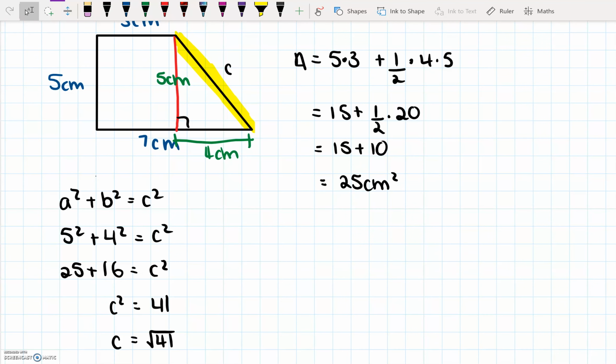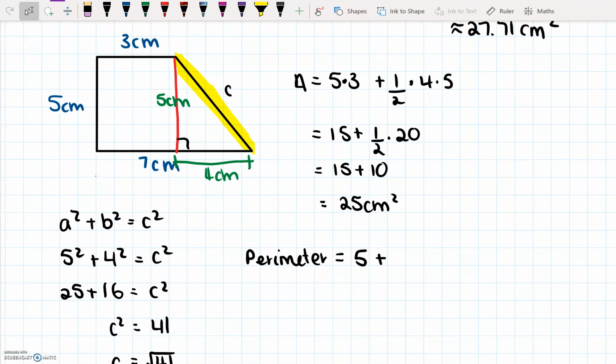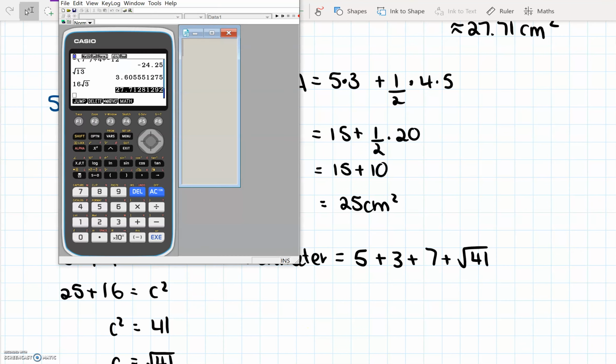So we're going to say therefore the perimeter is equal to 5 plus 3 plus 7 plus root 41. And if we calculate that, let's use my fancy calculator. This is the calculator that you guys will get when you start year 4.